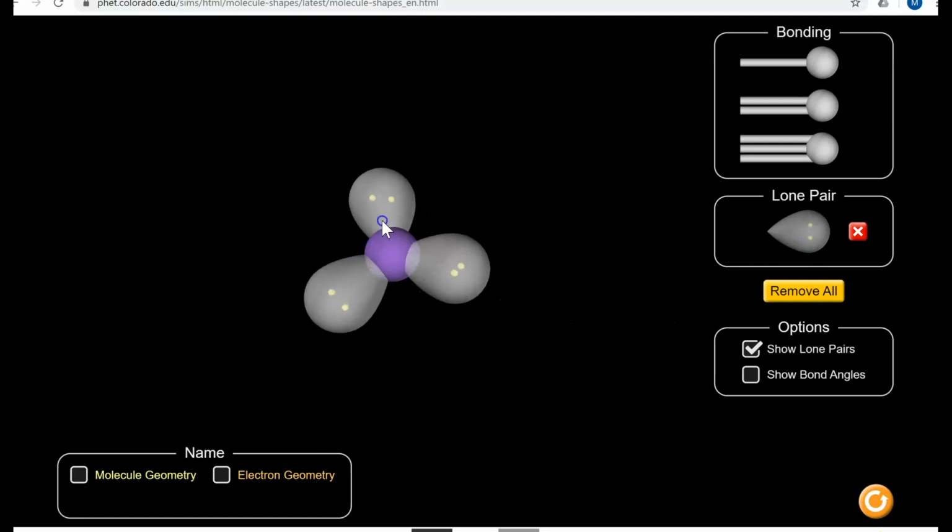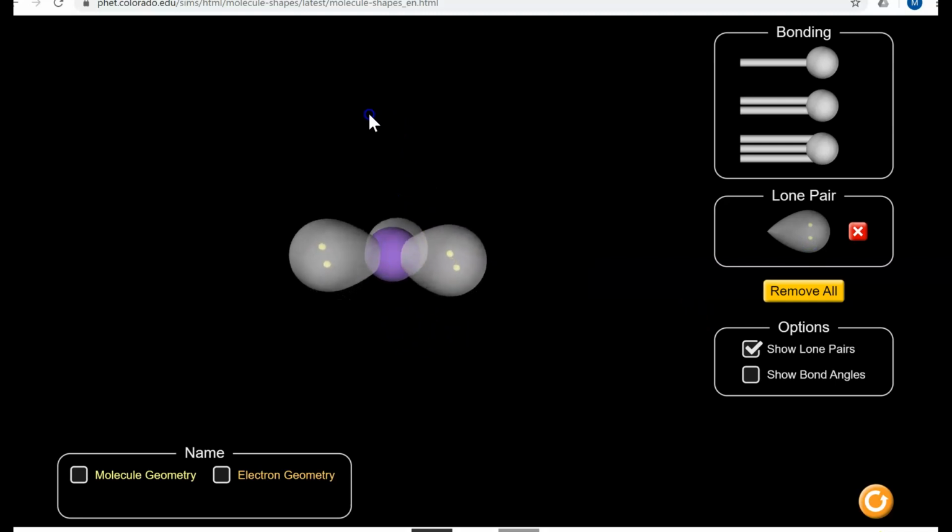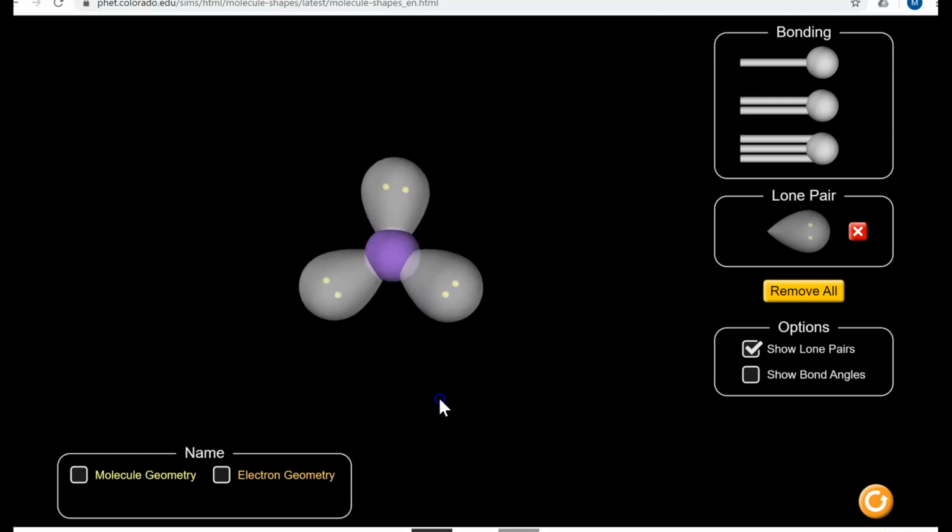Now, I tip it on its side so that you can see this molecule is flat. Then I'm going to rotate it this way so you can see the shape.